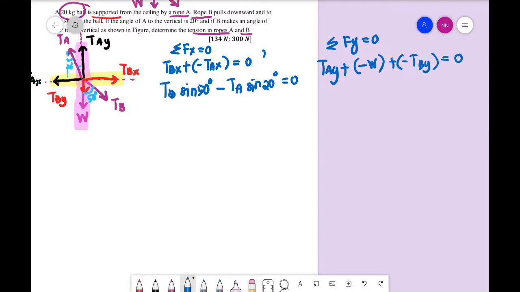So relate TAY with TA and the angle. It is TA cos 20 degrees, and W is the weight of the ball. The question gives you the mass of the ball, 20 kilogram, so weight equals mass times acceleration due to gravity, 9.81.